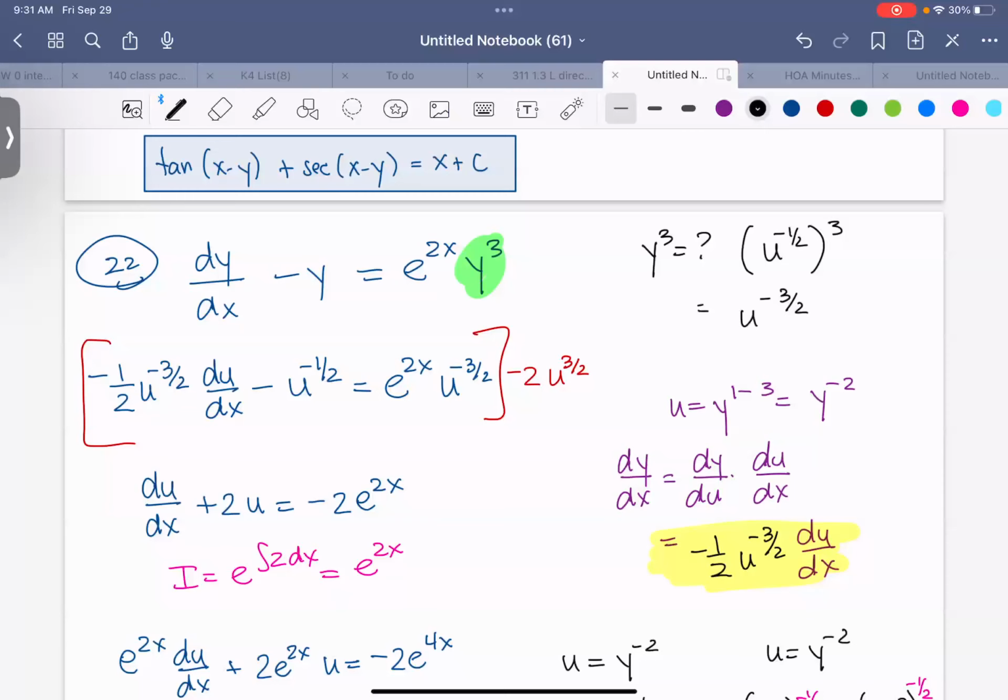The way in the book, at least the way I managed to do it, the first step is you multiply by the inverse exponent. So you take that equation and multiply everything by y to the negative 3.